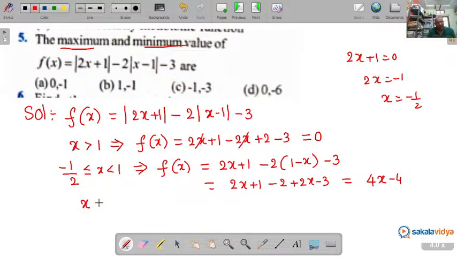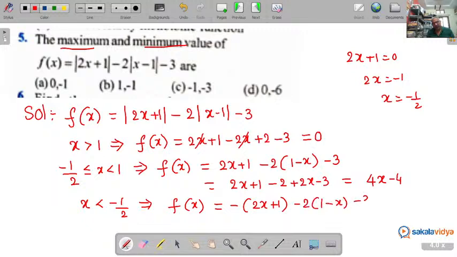Next, x less than minus 1 by 2, write down. If x less than minus 1 by 2, this f of x you can write minus of 2x plus 1, and this is minus 2 into 1 minus x and minus 3.